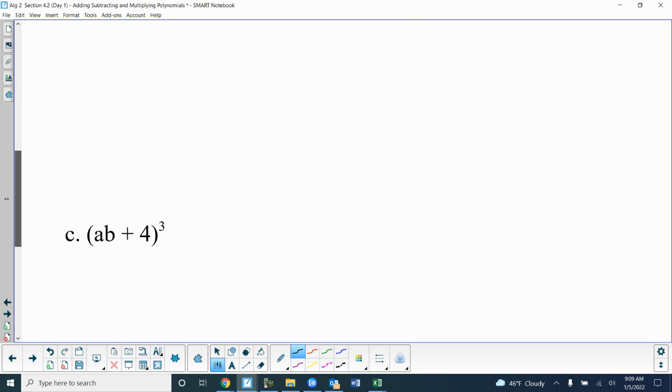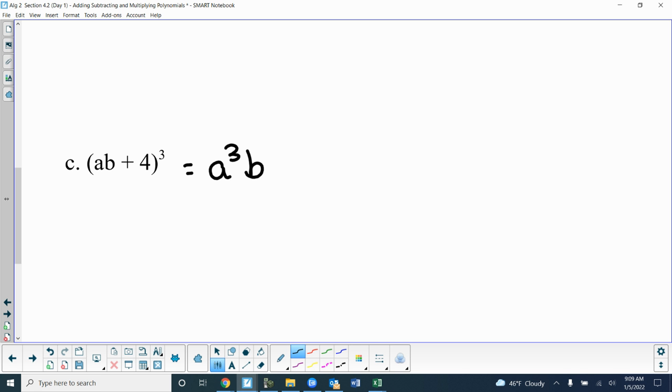The cube one, cube the first one. So you're cubing a and b. So it's a cubed, b cubed. Then you're supposed to square that. So that's a squared, b squared times 4, which is 4a squared, b squared times 3, which is 12a squared, b squared.